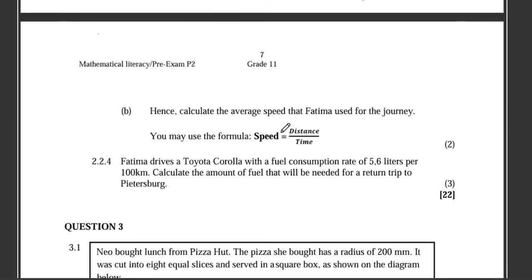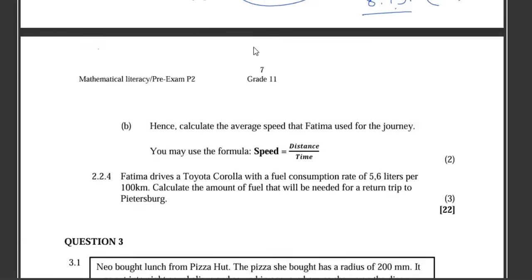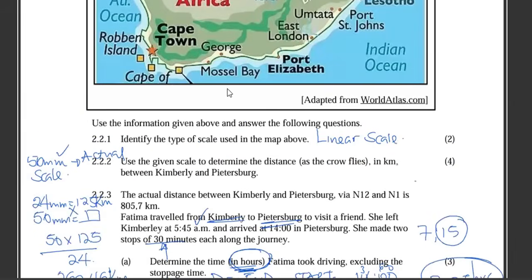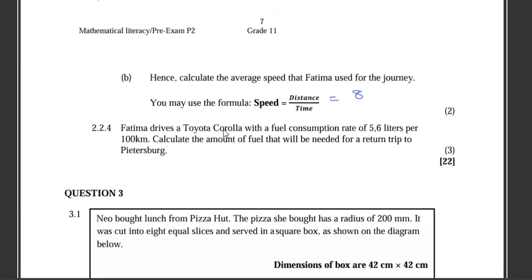Okay, part B. Hence, calculate the average speed. Remember, average speed equals distance over time. And we've already got our distance. They told us it was 805.7 kilometers. So we shall say 805.7 divided by 7.25.